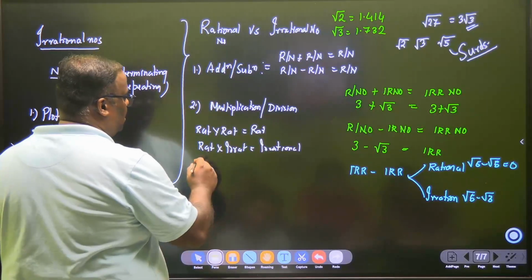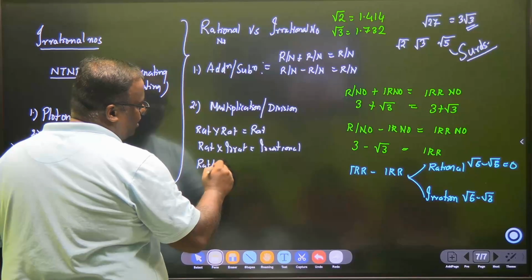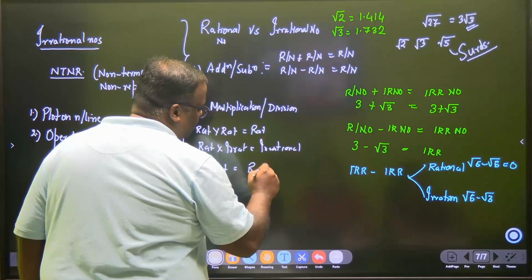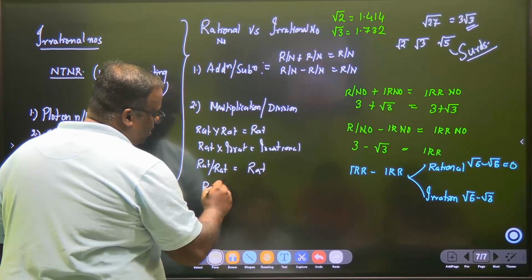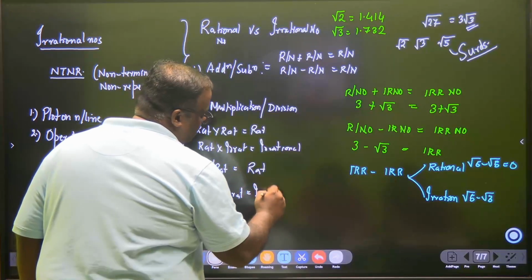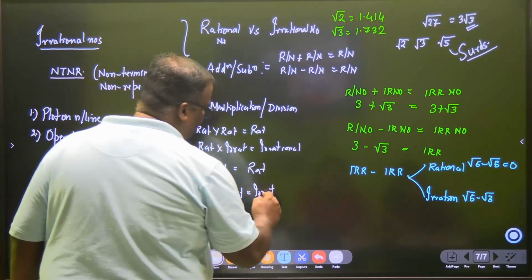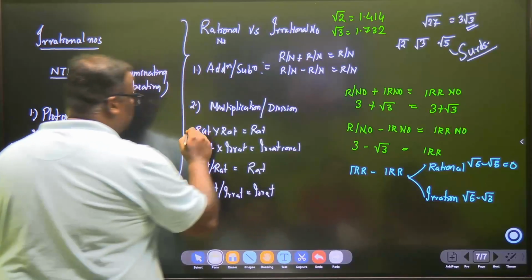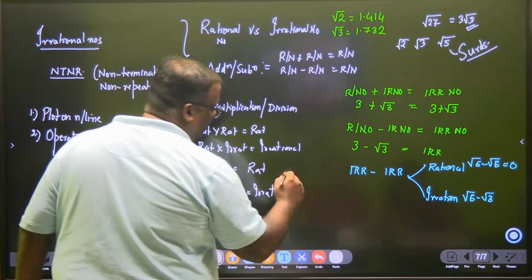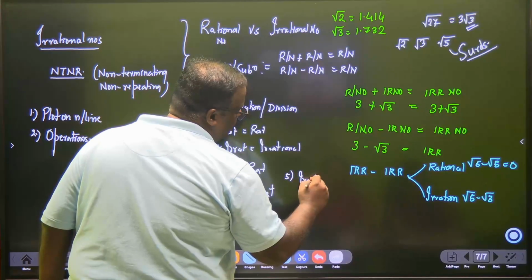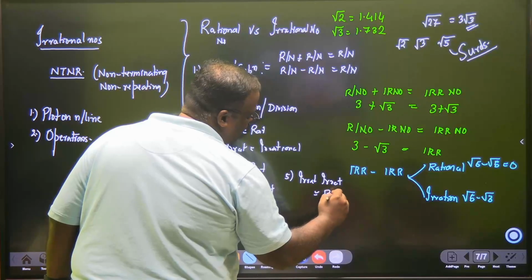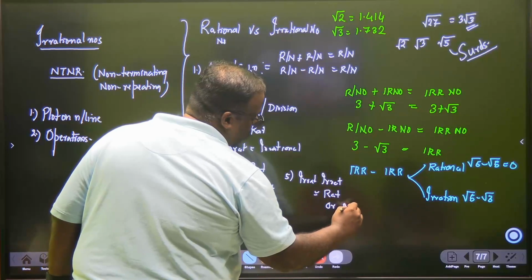Then rational by rational is always rational. Rational by irrational is always irrational. Done? Now we have to see one more: irrational into irrational. Irrational into irrational can be rational or irrational.